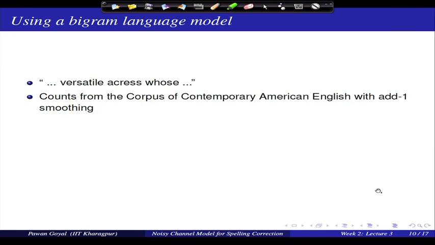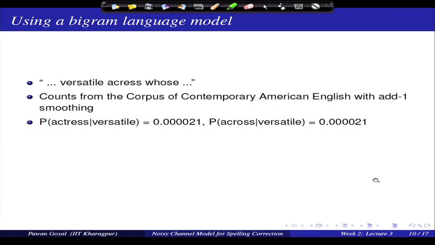The idea is that we try to find out the probabilities of a word coming after another word. That's what we are doing. From there, I find that the probability of the word actress occurring after versatile is 0.000021, and the probability that the word across occurs after versatile is the same. And that makes sense also.